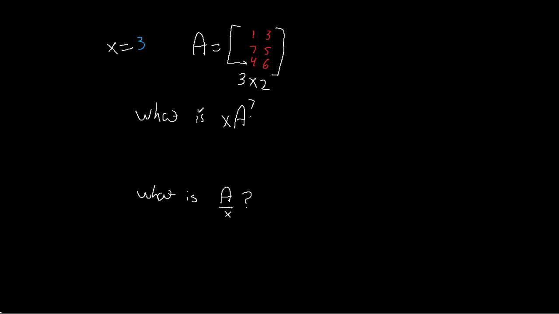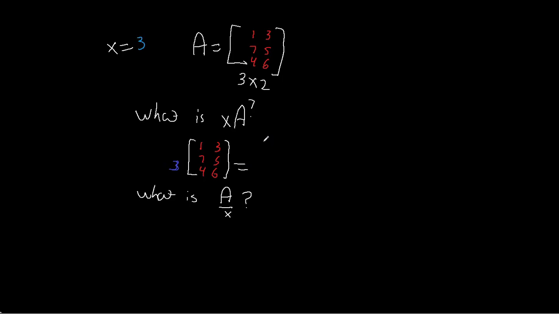So we're going to rewrite down our x, and I'm going to color code things so we can keep track. 3, that's our scalar, times our matrix, which has 1, 3, 7, 5, 4, and 6. So what does this equal?